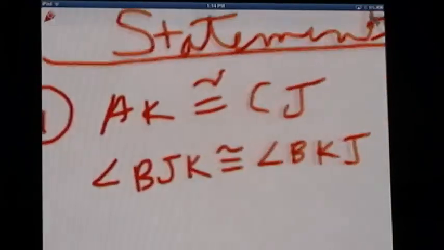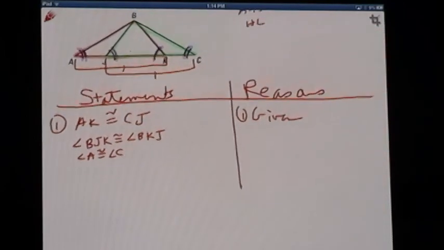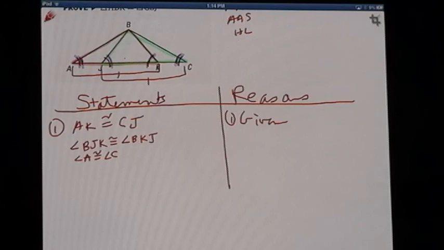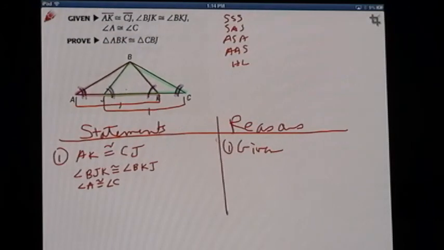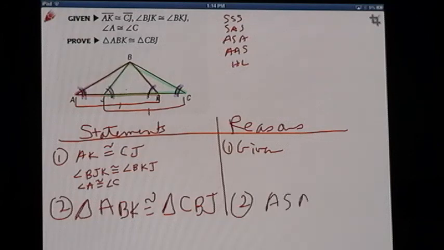And angle A is congruent to angle C. We could just use one letter because there's only one angle there. Okay, and then we're going to prove triangle ABK is congruent to triangle CBJ, and that's because of angle, side, angle. It's really easy.